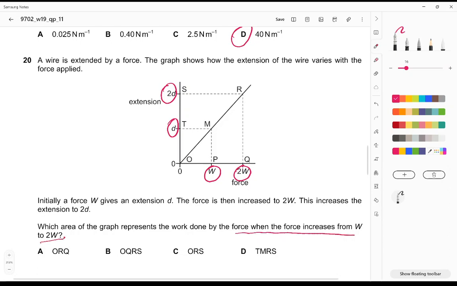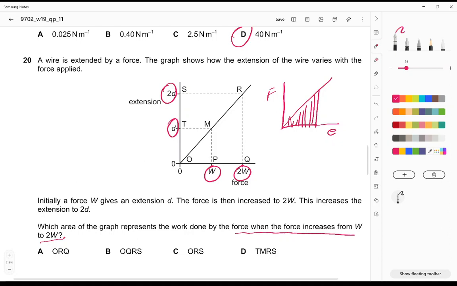Okay, so we need to work this out. So, guys, for this particular question, we need to understand, if it were a force extension graph, normally it is like this. The area under the graph gives you the work done. So, for this particular question, the work done is going to be on this side, right?